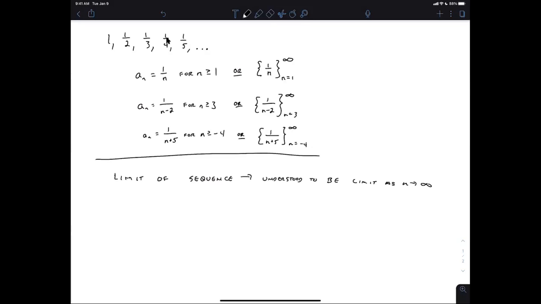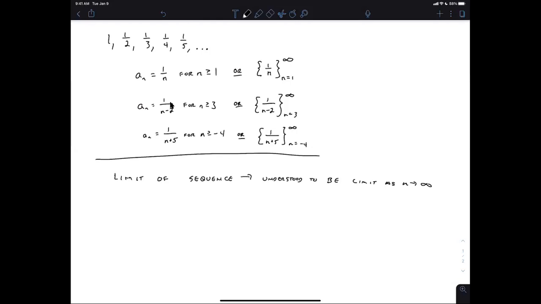That doesn't mean the limit itself has to be infinity. It means we're always talking about the limit as the subscript approaches infinity. So in this case, what do you think the limit of this sequence is as n goes to infinity?